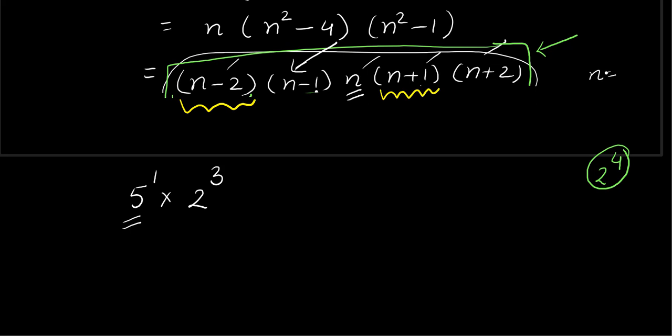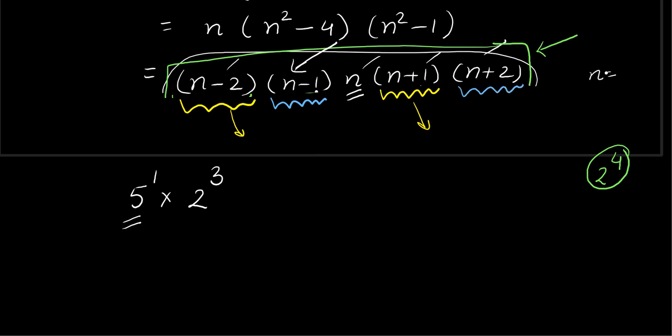Right? If you write 5 consecutive integers, then within a gap of 3 you get another multiple of 3. So if I say that n minus 2 is a multiple of 3, 100% n plus 1 is a multiple of 3. Similarly, suppose n minus 1 is a multiple of 3, then n plus 2 will also be a multiple of 3.